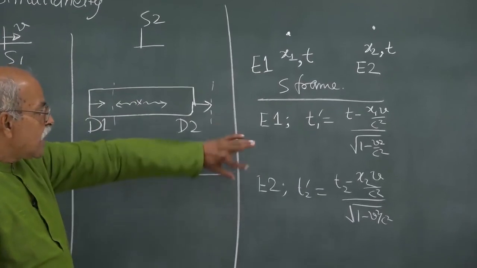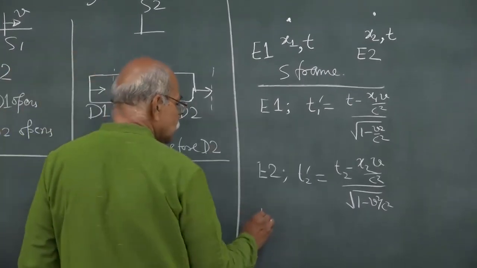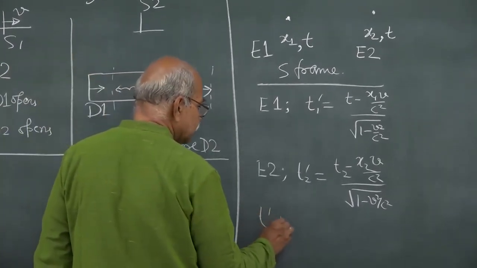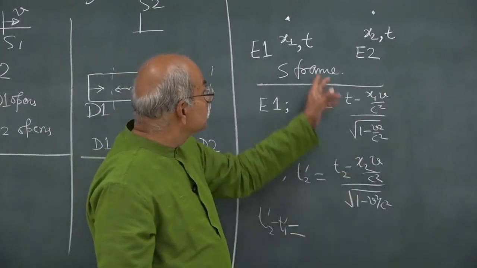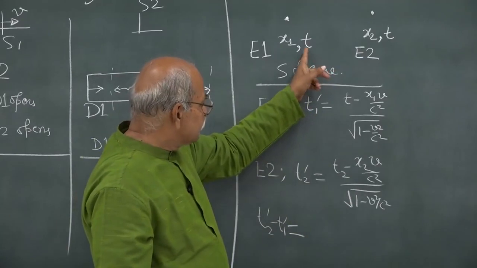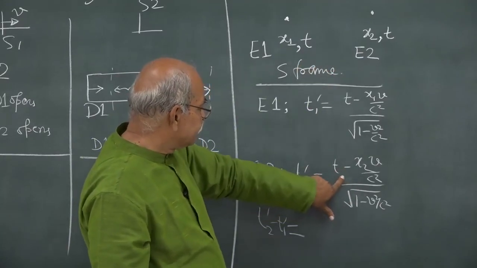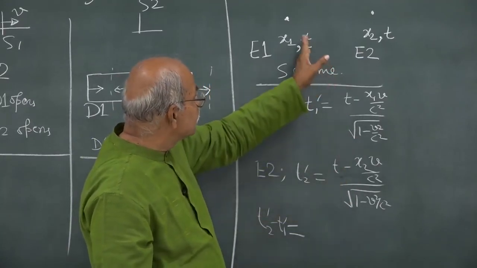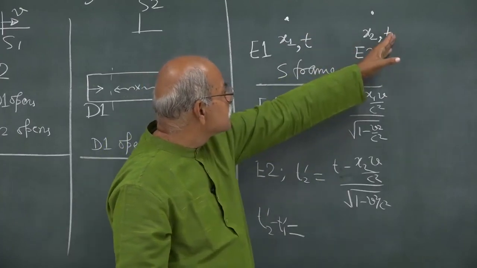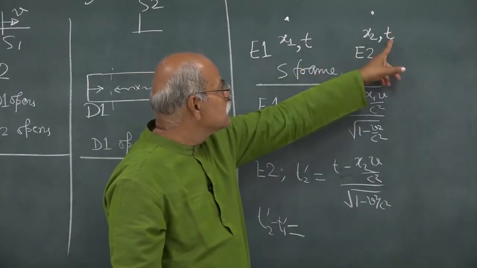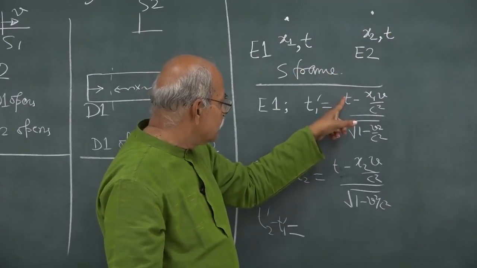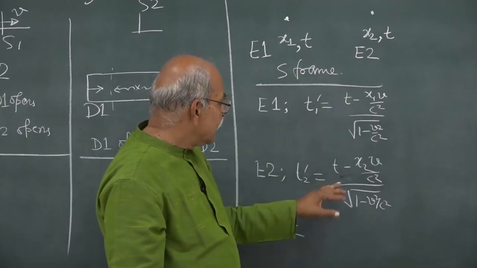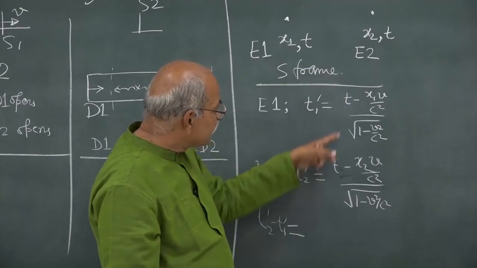And if you subtract T2 prime minus T1 prime, this is at same t. So here it is t, this T2 and this T1 are same as t here and t here. So both here also you have to write t and here also you have to write t, and you subtract and this cancels out.